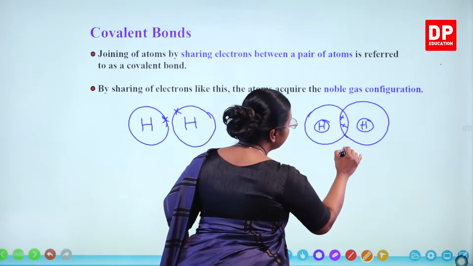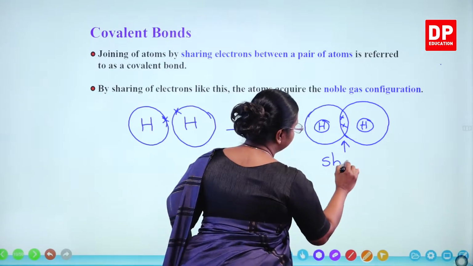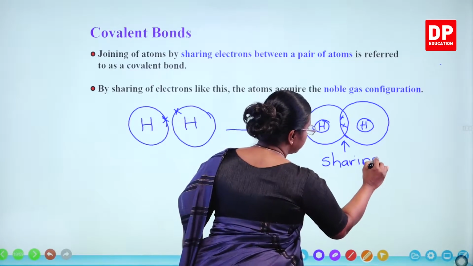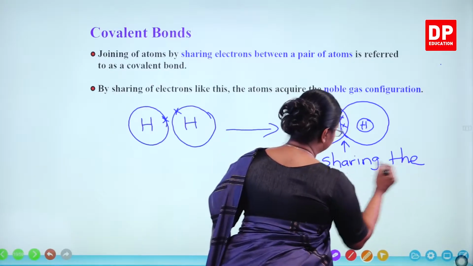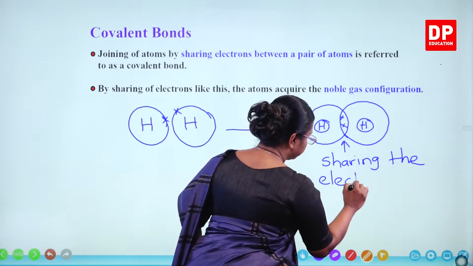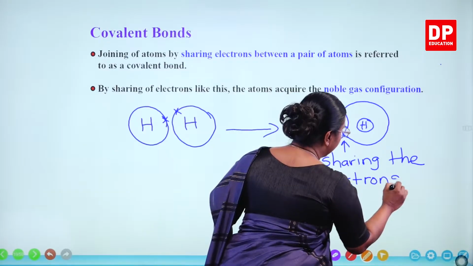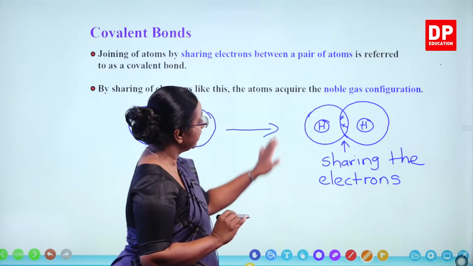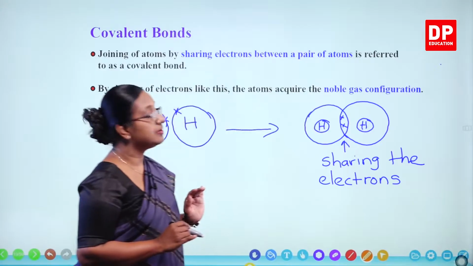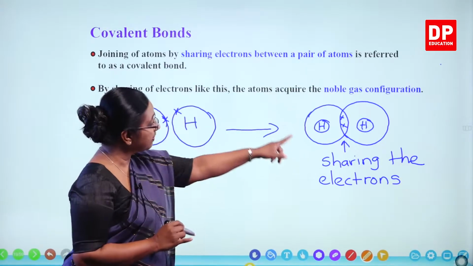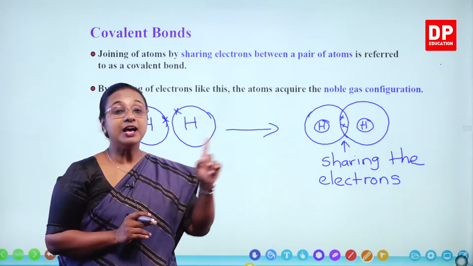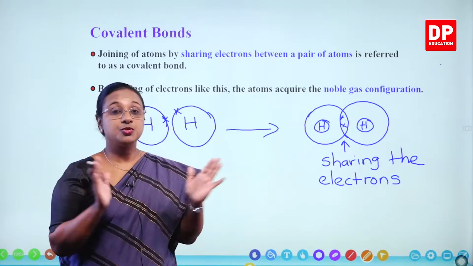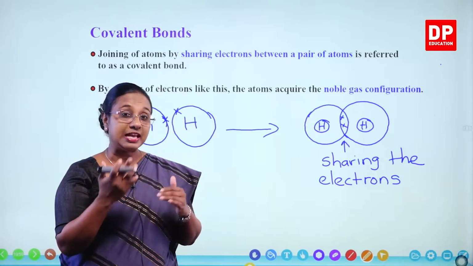So here they are sharing the electrons. You can see one electron is given by one hydrogen atom and the second electron is given by the other hydrogen atom. So both of them contribute their valency.